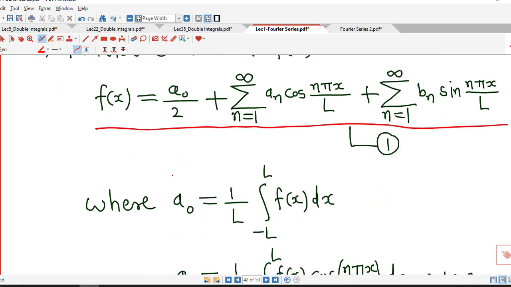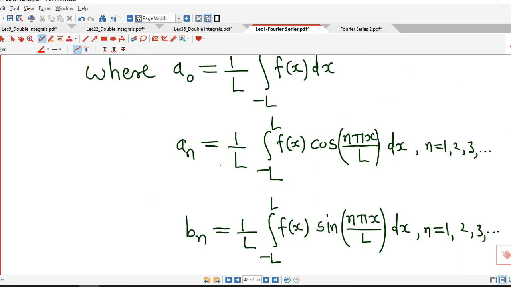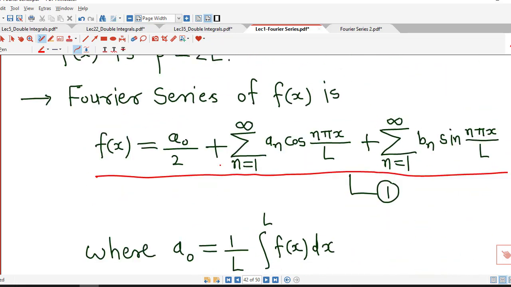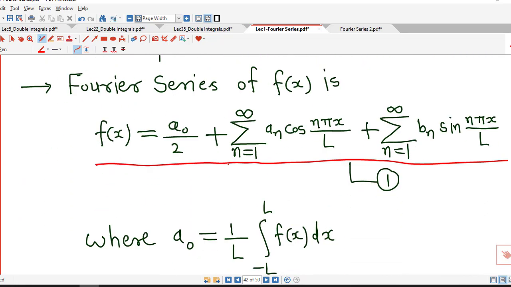Here we have the formulas for the Fourier coefficients. a0 is given by the integral of f(x) from -L to L times 1/L, and an and bn are given by these formulas. These are the general formulas for Fourier coefficients, and this is the Fourier series of our function.